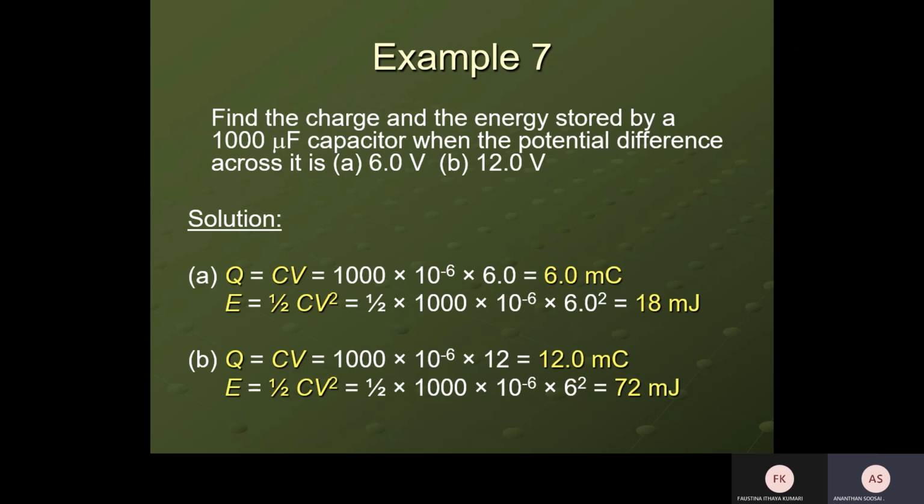These are the energies. When the voltage of the capacitor doubles, the energy stored increases by how many times? 4 times. You can evaluate that using half CV squared. V doubles, the energy increases by 4 times, because of V squared.